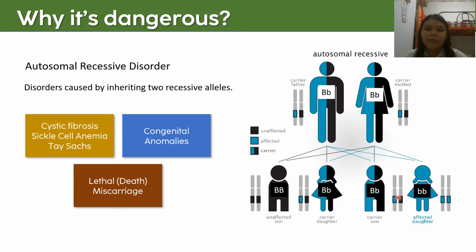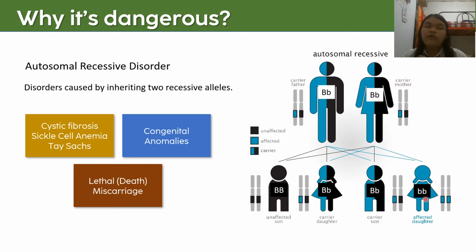Now, in autosomal recessive disorder, both of the child's alleles are recessive. So the little girl right here has two recessive alleles, and she has autosomal recessive disorder.